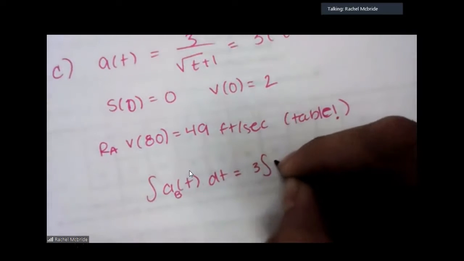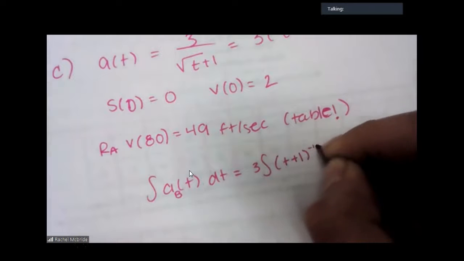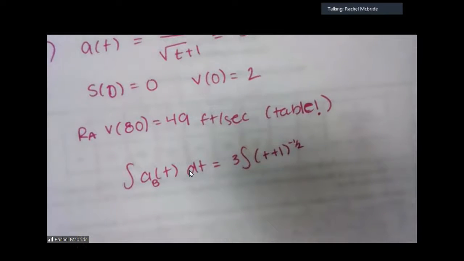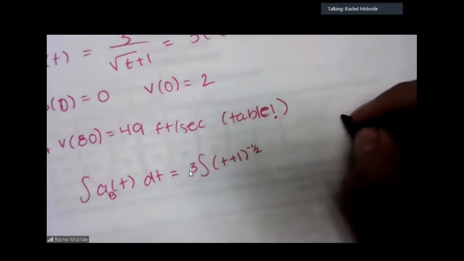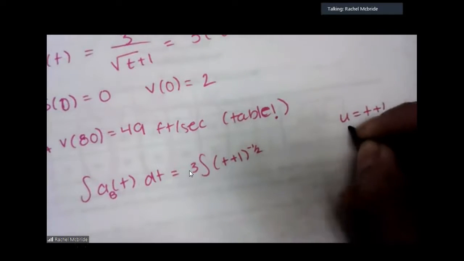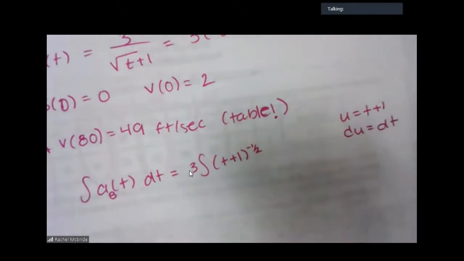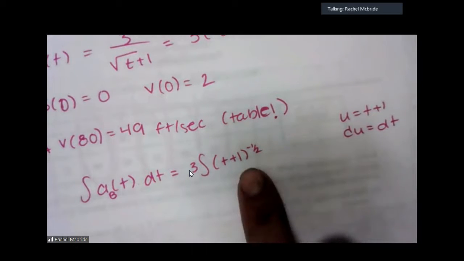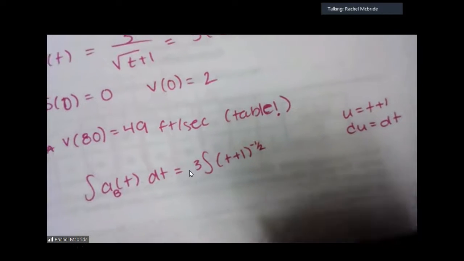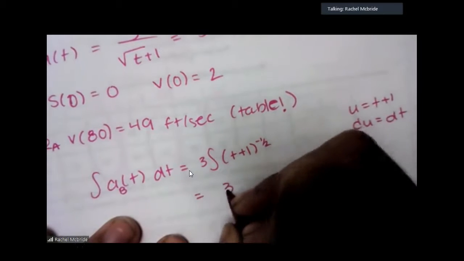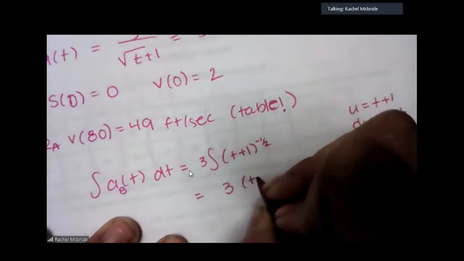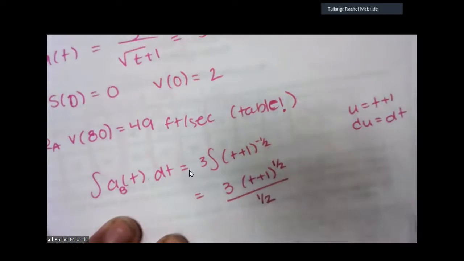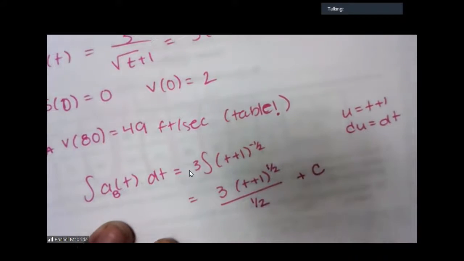You could have pulled out your 3. And this is where some of us did U sub, which didn't matter too much because the derivative was 1. It didn't affect your U sub if you didn't. But you got 3, add 1, and divide by 1/2, and our plus C.